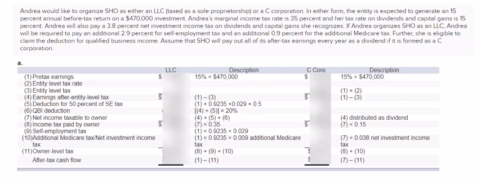And once we have that, we can calculate the net income taxable to the owner by adding up the earnings after entity level tax, the deduction for the 50% of the self-employment tax, and the QBI deduction.